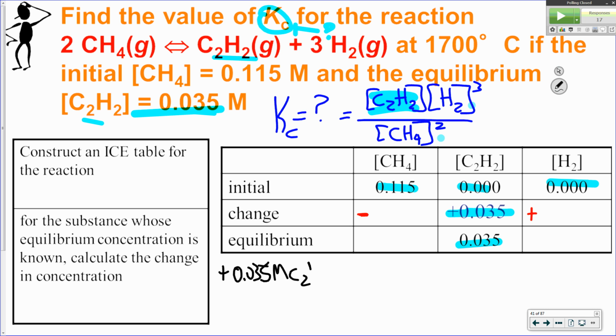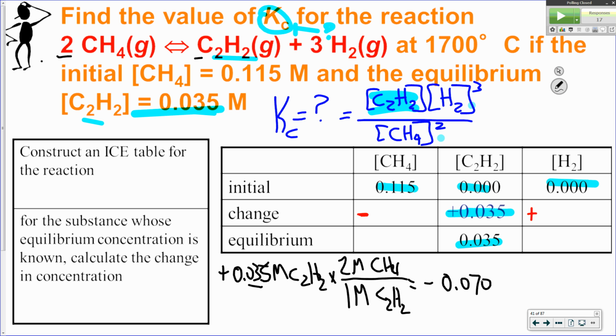And if I want to relate it back to this reactant, if I look at the mole ratio, 1 molar C2H2 forms from 2 moles, 2 molar CH4. So if I look at that change, it's going to be 2 times that concentration, so it's going to be a negative 0.070 molar. So that's going to tell me how much this guy is going to decrease by.